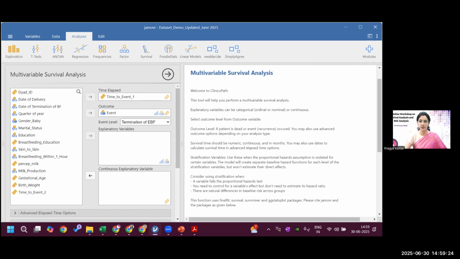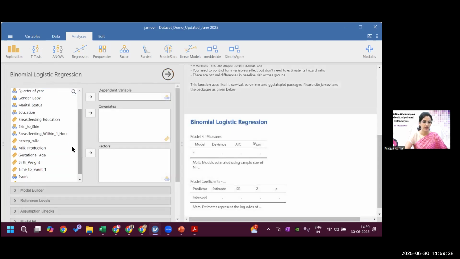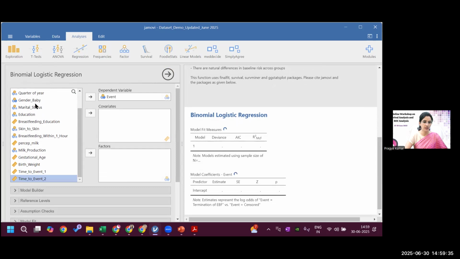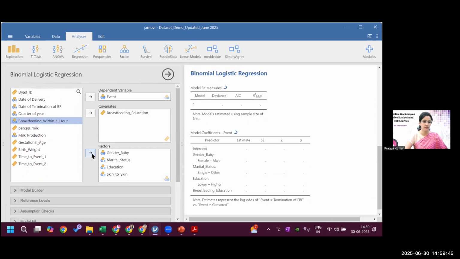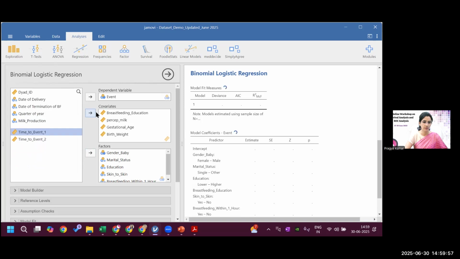So I'll go to the binomial logistic, and you can have this event as the dependent variable, and include the covariates: gender, marital status, education, breastfeeding, skin to skin, breastfeeding within 1 hour, perception of milk, gestational age, and birth weight.